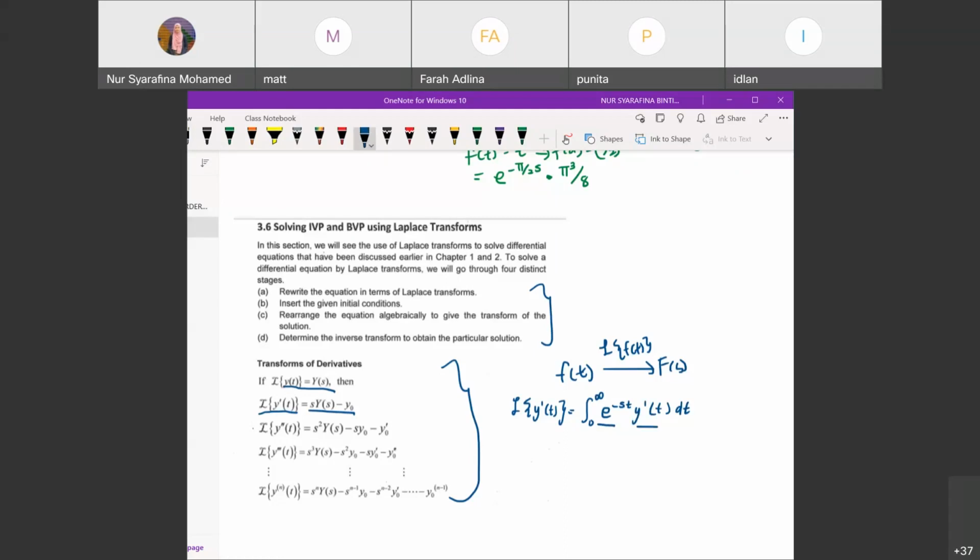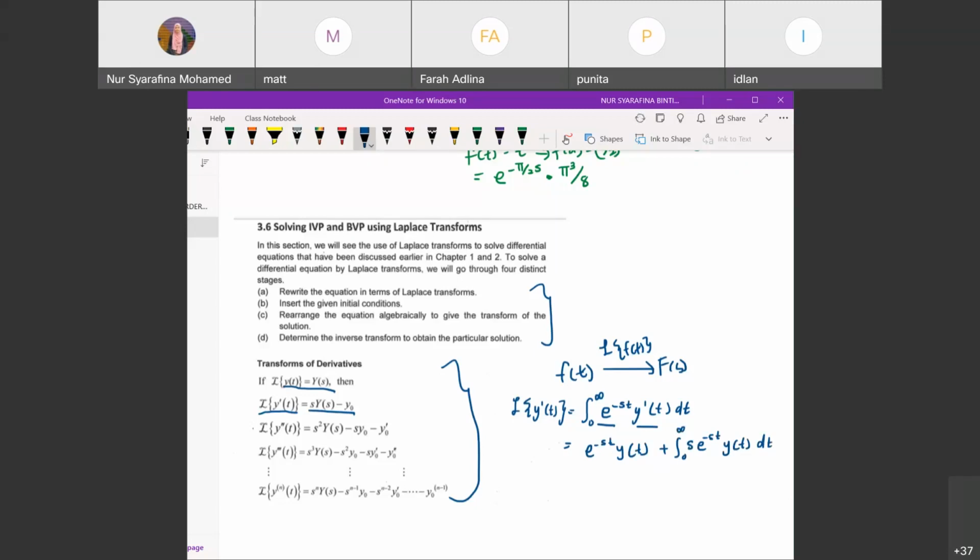So you can have here exponent negative st y(t) plus integrate from 0 to infinity s e to the minus st y(t) dt. Okay, so uv minus integral of v du.